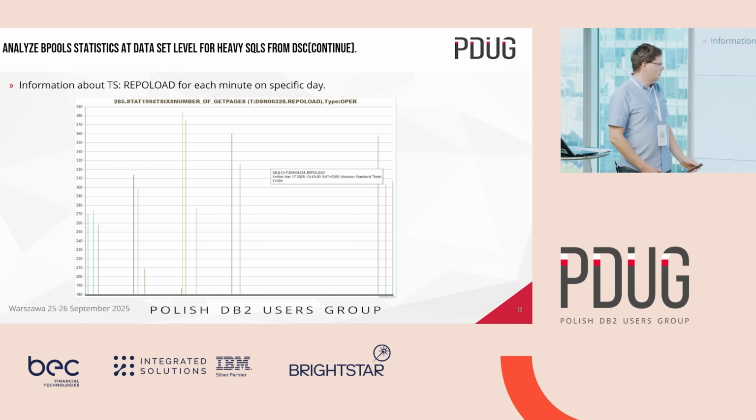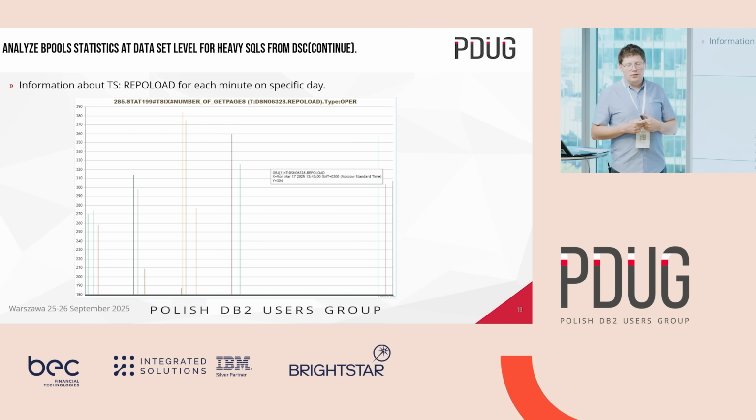It's very precise, and I can watch even within an hour 60 different parameters, 60 different values in 1 hour. It's useful for me for deep analytics of how the table space or index space behaves with buffer pools.